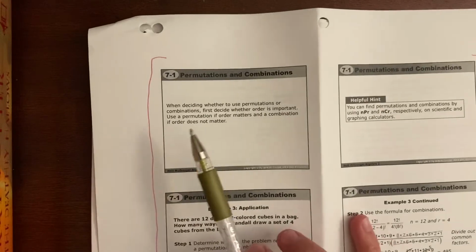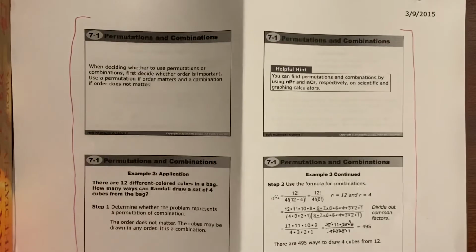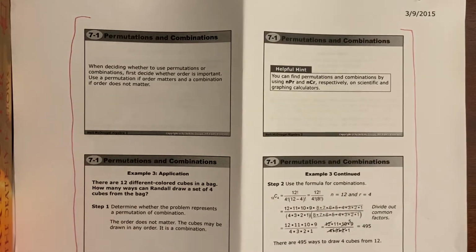Before we do that, I did want to highlight, when deciding whether to use permutations or combinations, first you have to decide whether order is important. Use a permutation if order matters, and a combination if order does not matter. Right here, you can find permutations and combinations by using nPr and nCr respectively on scientific and graphing calculators.